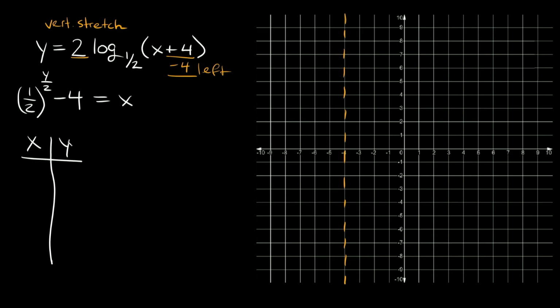And again, we want to plug in numbers for y. So some easy numbers we can plug in for y, in this case, are going to be -2, 0, and 2, right? Because our denominator is 2, so that way we can use 2's to kind of give us an easier exponent to solve. So if we plug in the -2 for y, we're going to get that this is equal to 1/2 raised to the -2 over 2 minus 4.